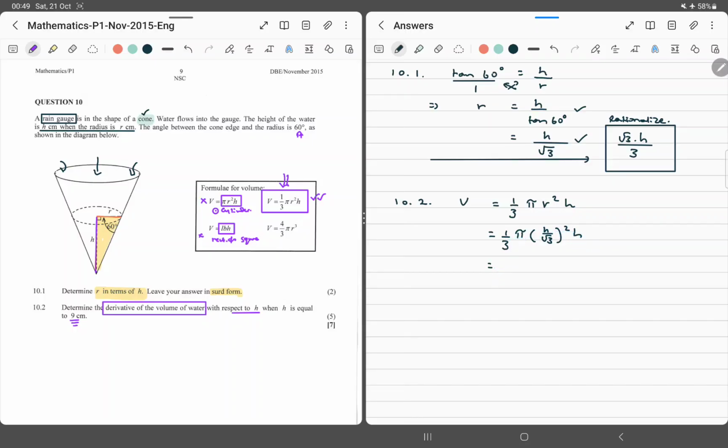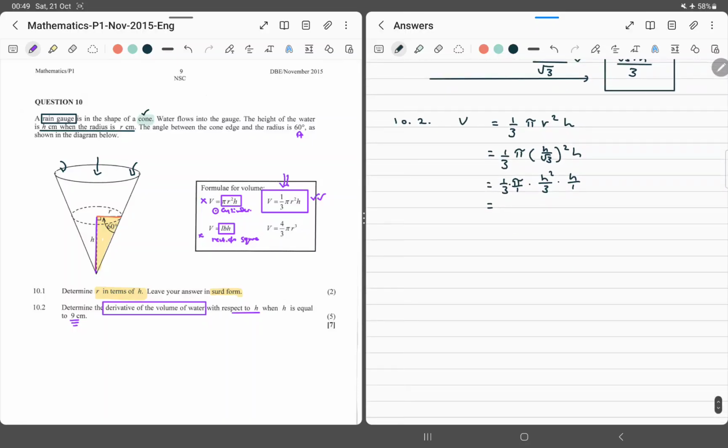So now let's sort this out. This is basically a third, let's just not rush, times pi over 1, times h squared over 3 times h over 1. We want to be careful here. So now this is basically pi over 9 h cubed.